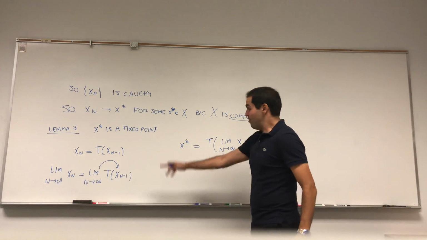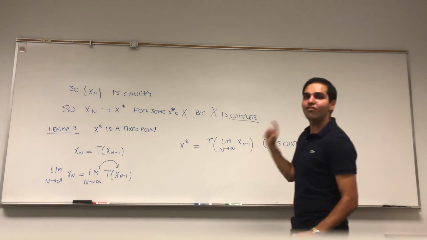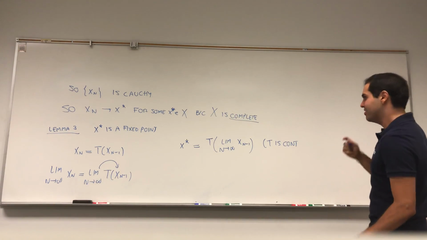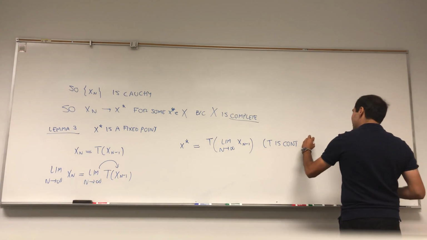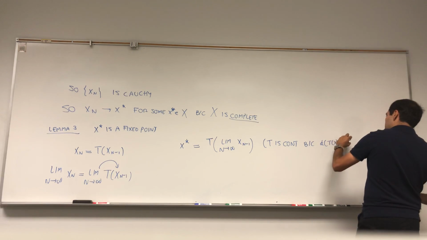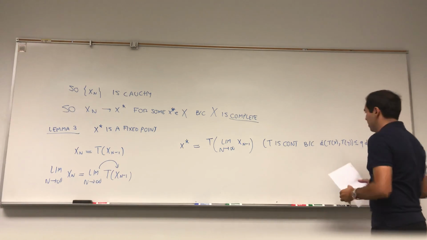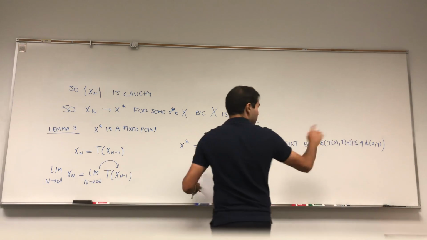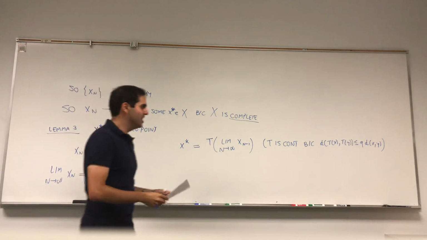That's why continuity is so important. It's what allows us to put limits inside a function. And why is it continuous? Because of this contraction property: d of T x, T y is less than or equal to q times d of x, y. I'm not going to show this in detail, but it almost screams continuity.